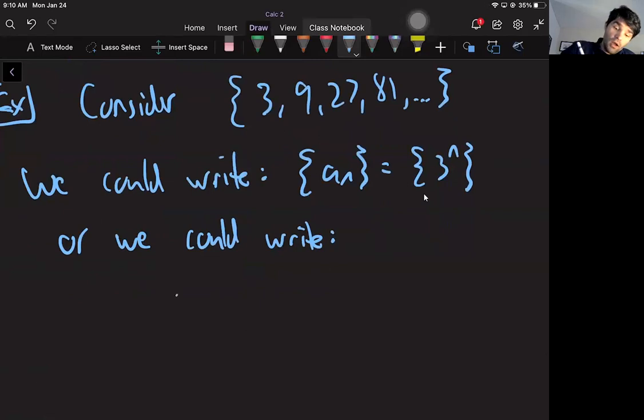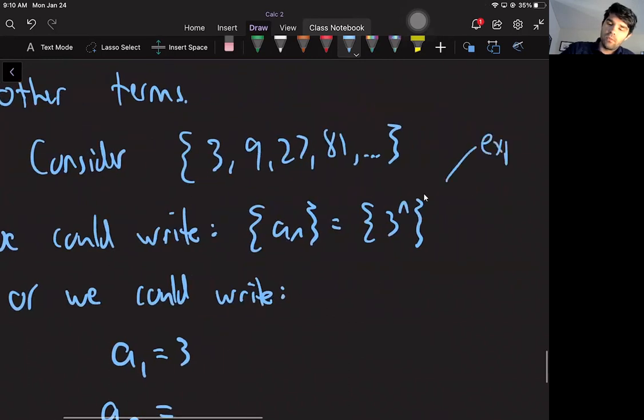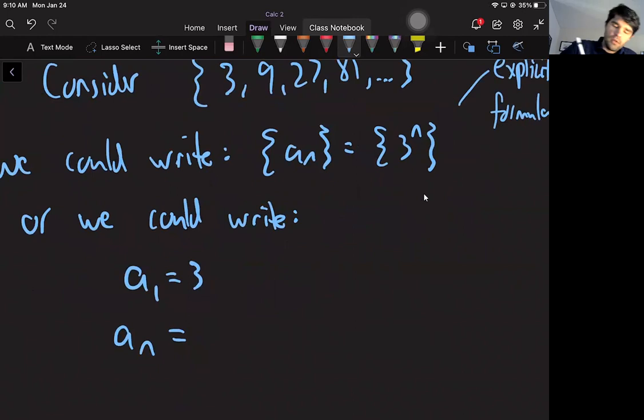We could say, all right, the first term is 3. And instead of giving you an explicit formula, so this is called an explicit formula, I can just say, use the previous term.